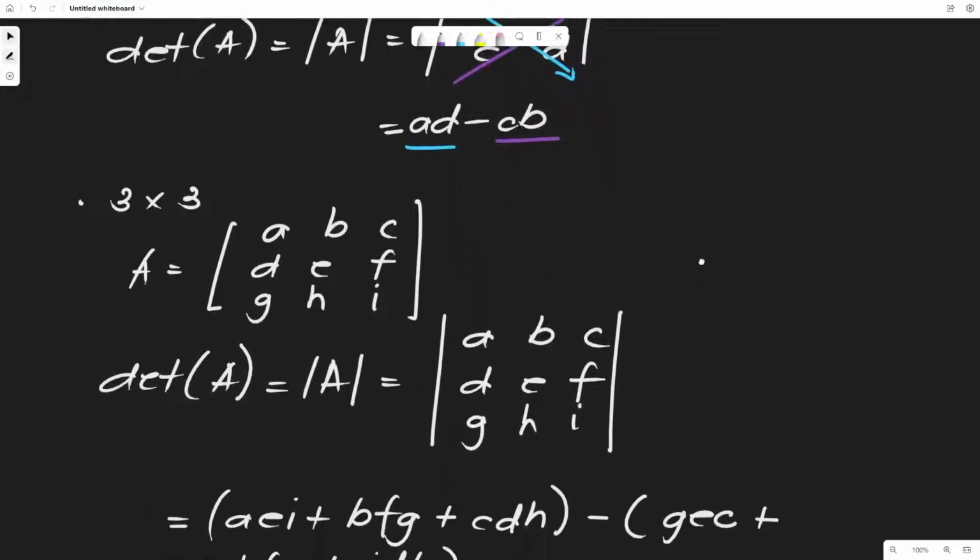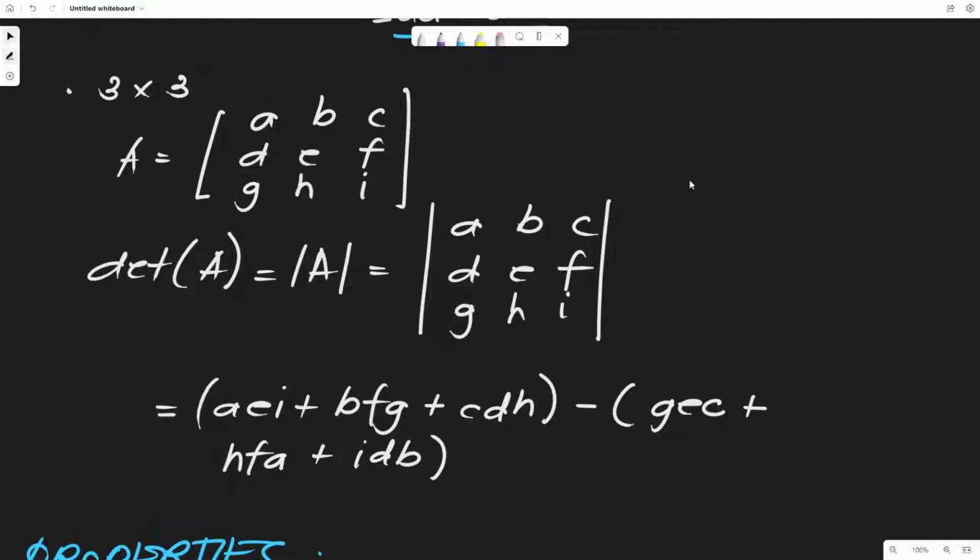For 3 by 3, here comes something a little tricky. This is my matrix, with elements A to I. We are asked to get its determinant. The most conventional, original way is by applying the rules of 2 by 2, but with a variation. I will write the first two columns again beside the matrix. Then we take all the downward diagonals coming from the main diagonal.